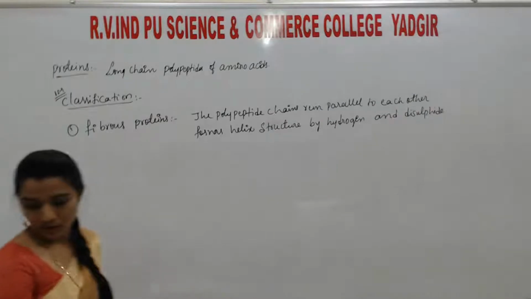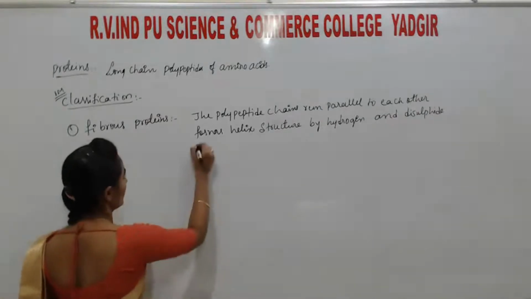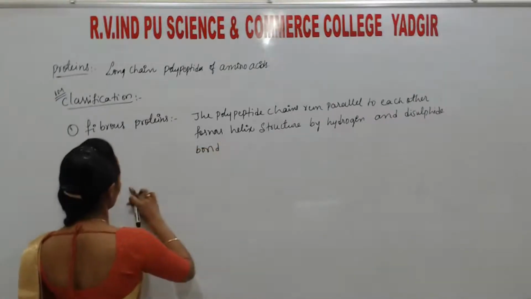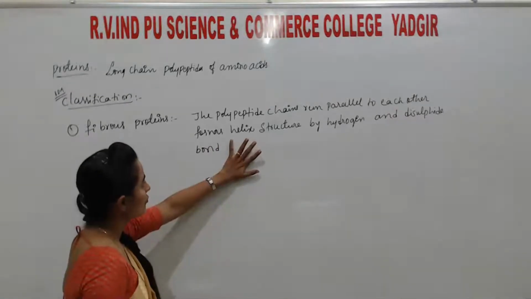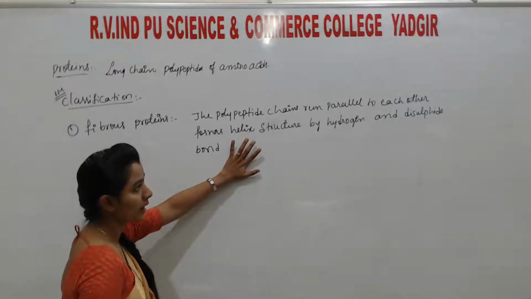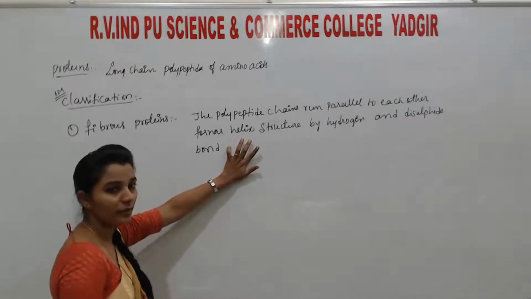Hydrogen and disulfide bond. So the polypeptide chains run parallel to each other, forming a helix structure by hydrogen and disulfide bonds.